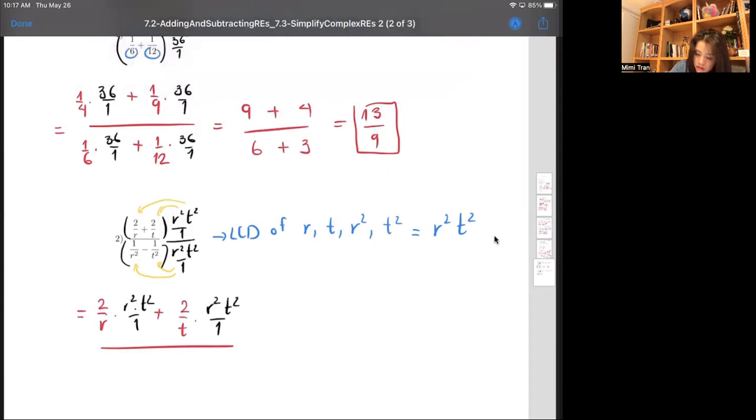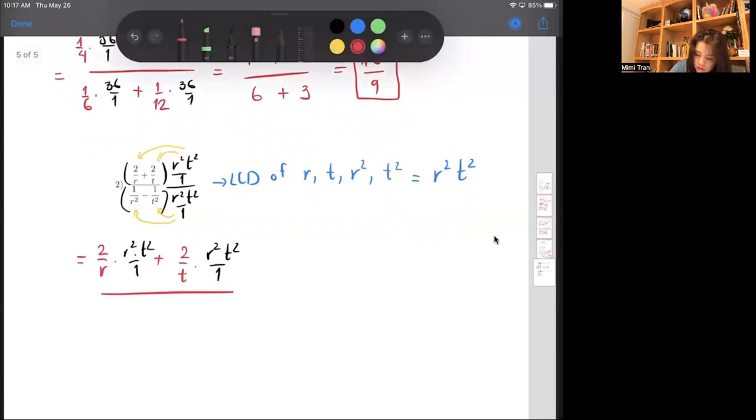All of that over 1 over R squared times R squared T squared over 1, minus 1 over T squared times R squared T squared over 1. And now you simplify.